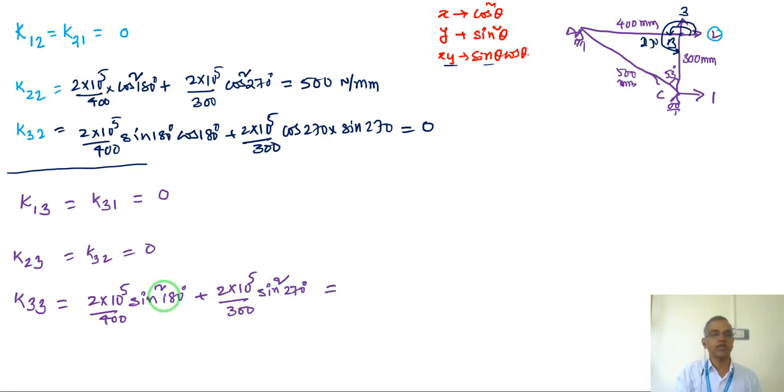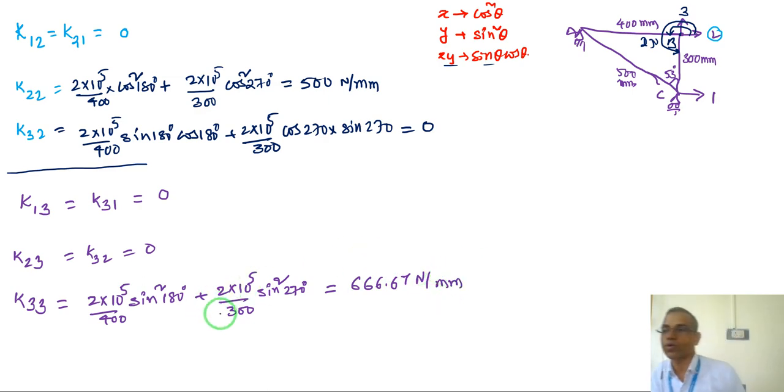So since sin 180 is 0, this everything is 0, sin 270 is minus 1 square, 1, so 2 into 10 power of 5 by 300, this term alone will give 666.67 Newton per millimeter.